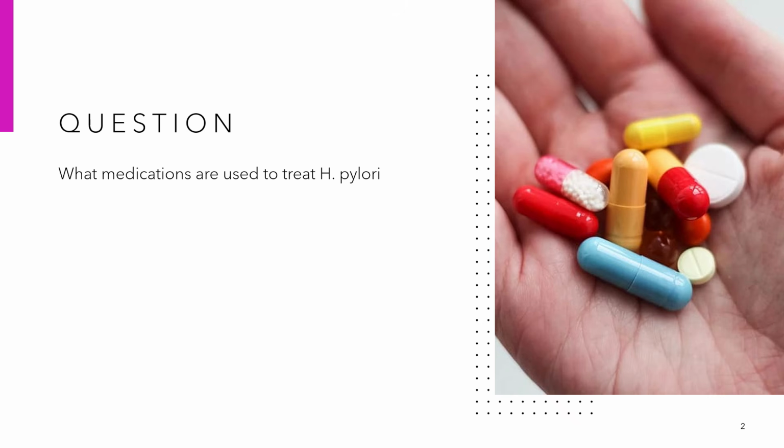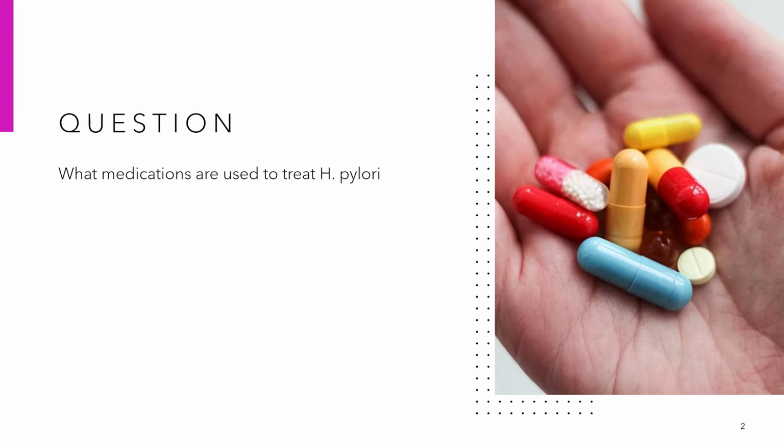Okay, the first question has to do with what type of medications are used to treat H. pylori. So, treatment requires eliminating the bacteria and reducing stomach acid. Oftentimes we will see a PPI, a proton pump inhibitor, and we use it for the property that it decreases the acid to allow healing.